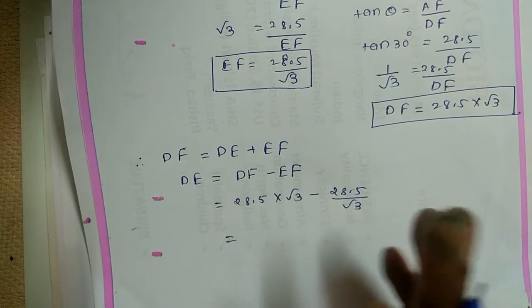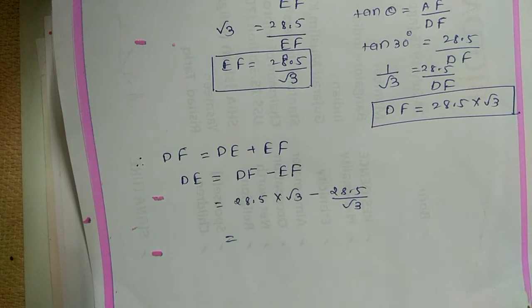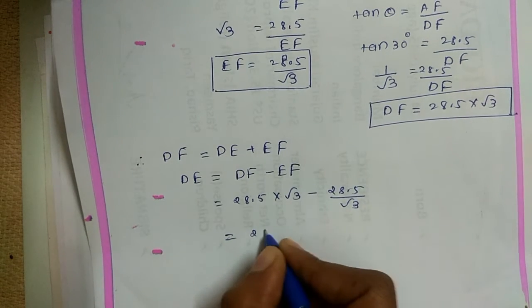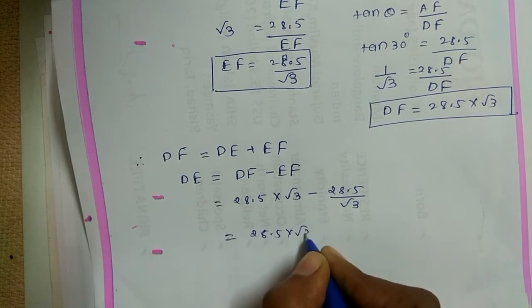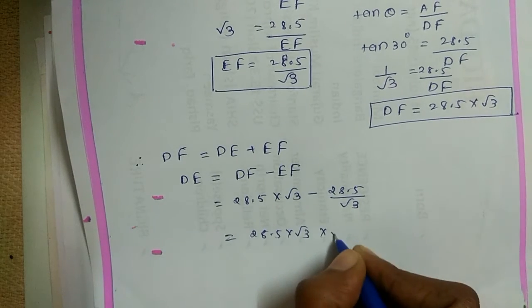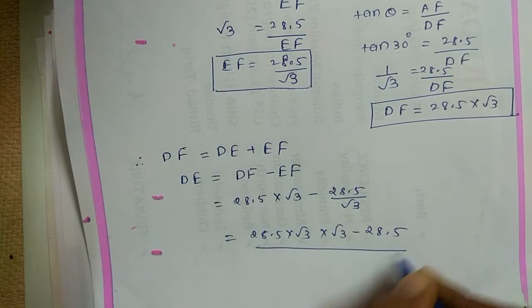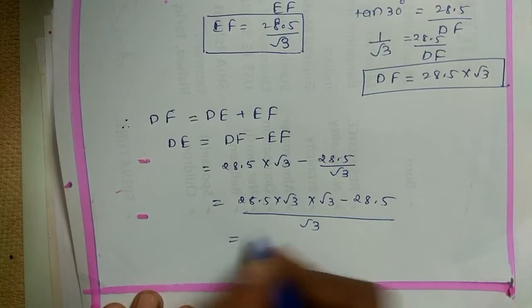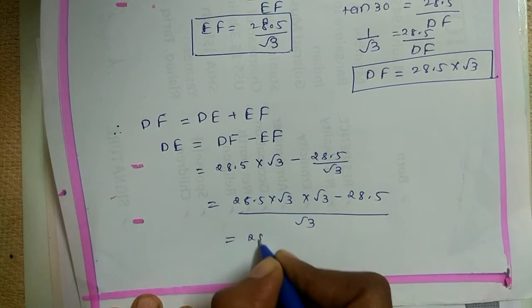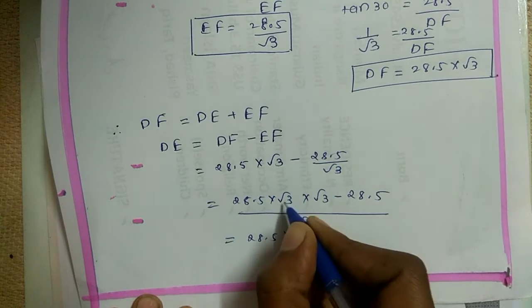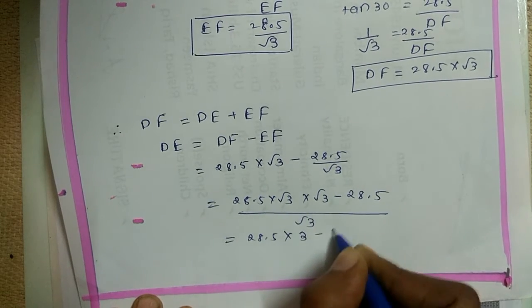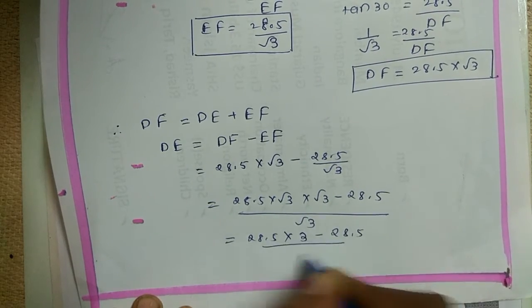So cross multiply. So we'll get here 28.5 into root 3 and this into root 3, minus 28.5, whole divided by root 3. So here 28.5, this is root 3 into root 3 will be 3, minus 28.5 divided by root 3.